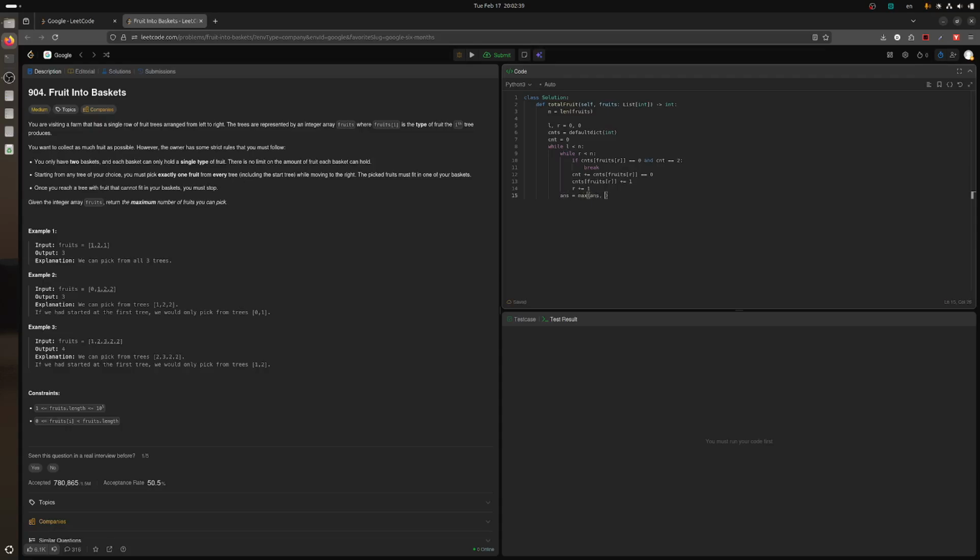Ans is max of ans and r minus l, while l is smaller than r and count is over 1, so I want just one element there.